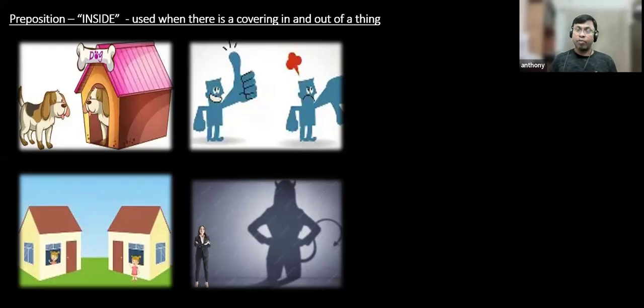Outside she is very beautiful, but inside she is something like a devil. I'm not pointing out any person. Inside, covering, covered by something. That's the only thing I want you to remember, the difference between in and inside. When there's something covering, covering could be physical or covering could not be physical also. Fine. So that's the only difference here.